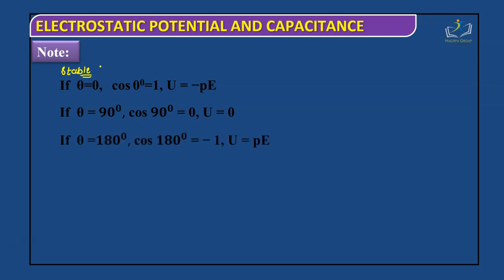Next, theta equals 180, cos 180 is minus 1, so the potential energy becomes positive. So if a complete rotation occurs, the potential energy becomes positive in nature.